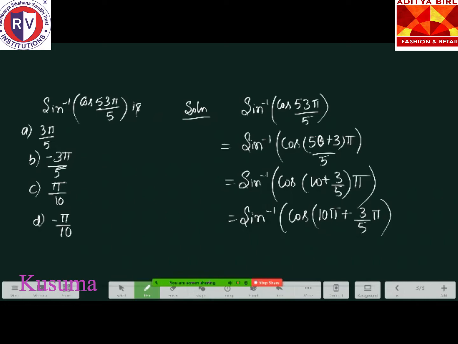So what is the value of cos of 2n pi plus theta? The value of this is cos theta. Okay, just cos theta.